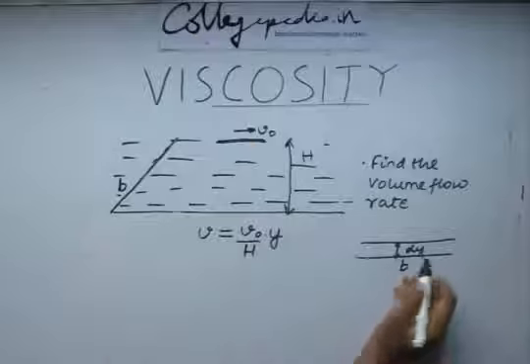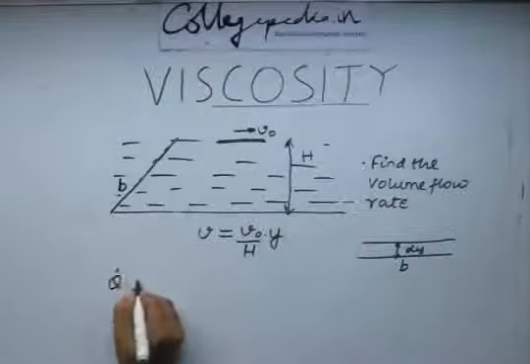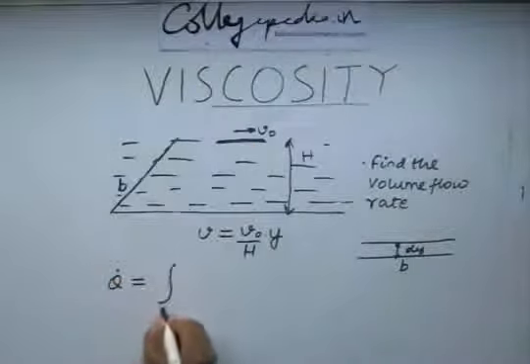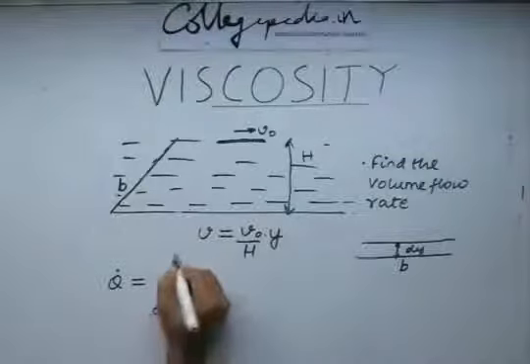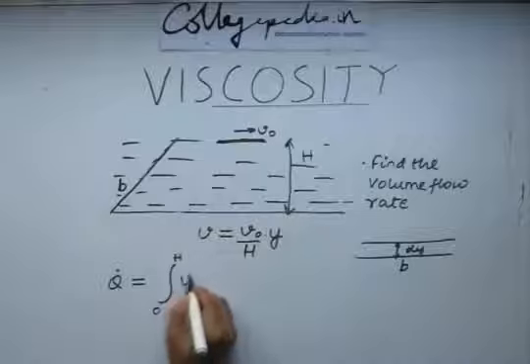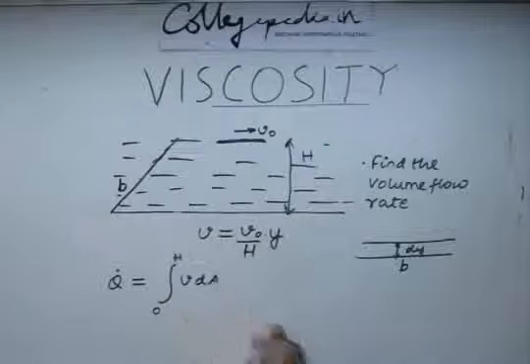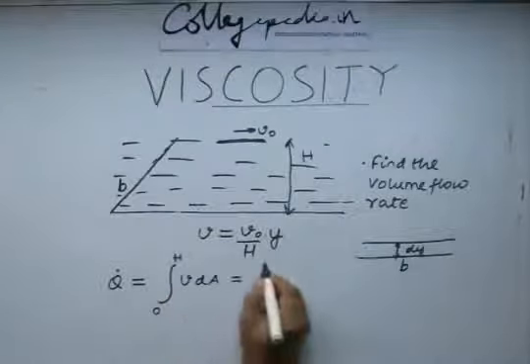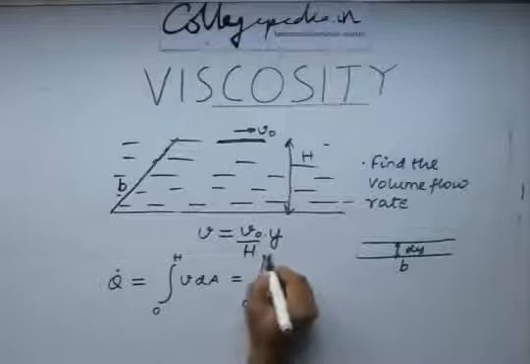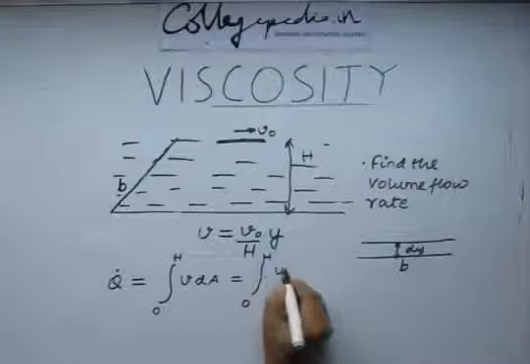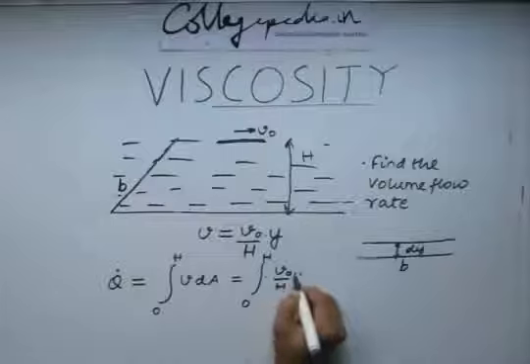Now we write q dot as we wrote earlier. We integrate from 0 to capital H the quantity v dA. V is nothing but v0 by h into y.